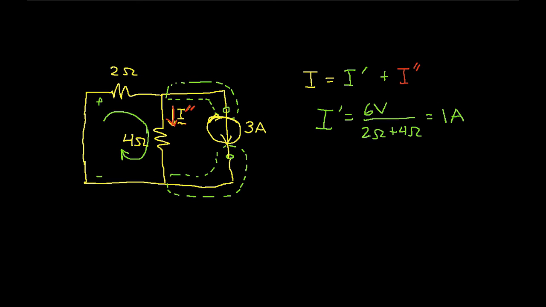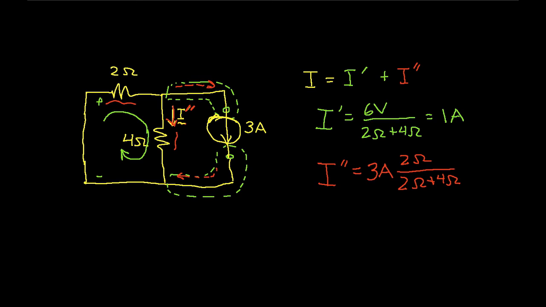Okay, so I have the current actually flowing this way and back out here. You'll notice now I have 2 resistors, the 2 ohm and the 4 ohm resistor, in parallel, and so I can use a current divider to determine the current that flows through the 4 ohm resistor. And the current divider basically says it's going to be the total current, which is 3 amps, times the other resistor, 2 ohms, over the sum of the resistors.